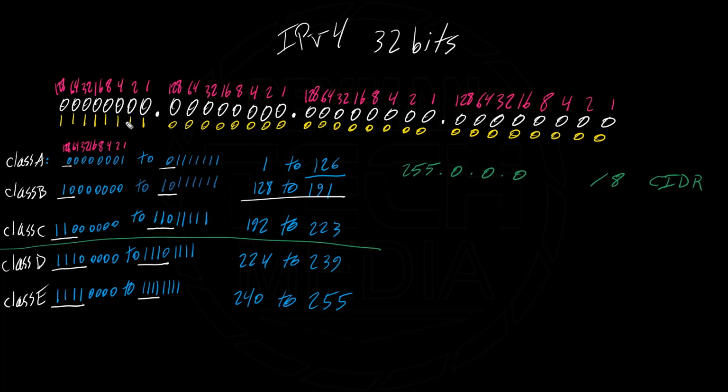So the first 8 bits turned on, it gives us 255. If you remember previously we talked about anytime when we have 8 bits, all the 8 bits turned on, the decimal value is 255. So here this 8 bits on the second octet, it's all 0. That's why here on the second octet, when we convert the binary to decimal, we see it's 0. On the third octet, we have 8 bits, all 0.